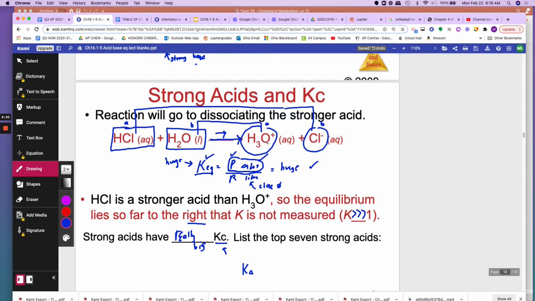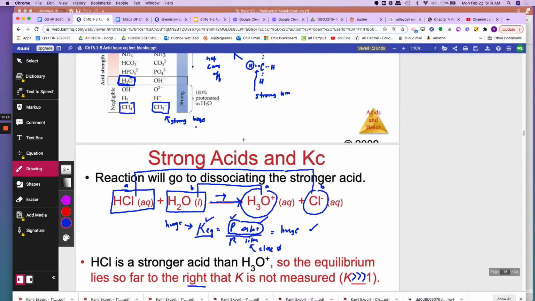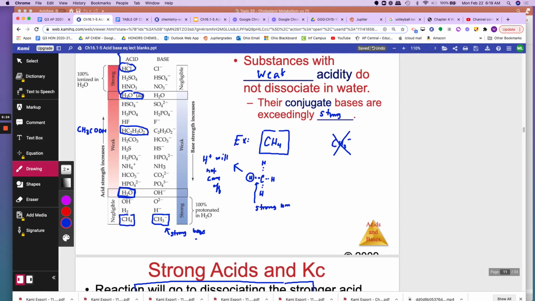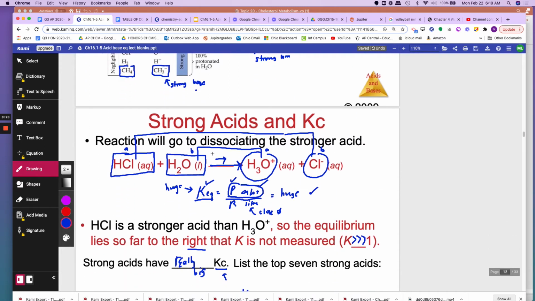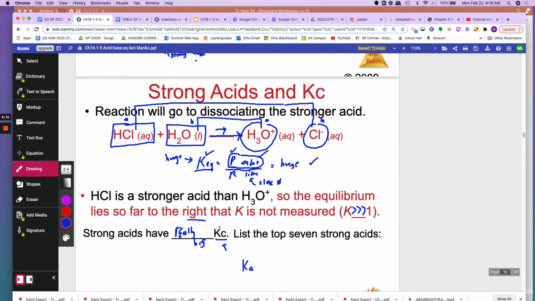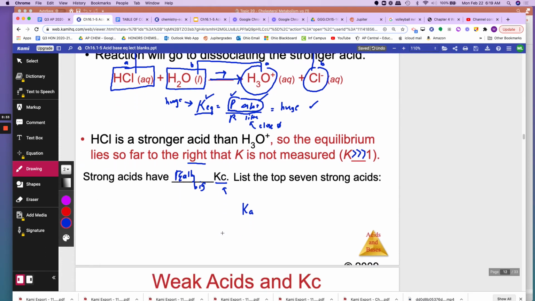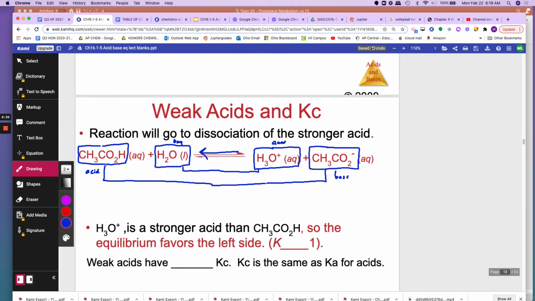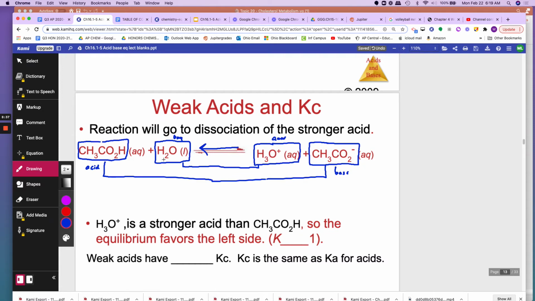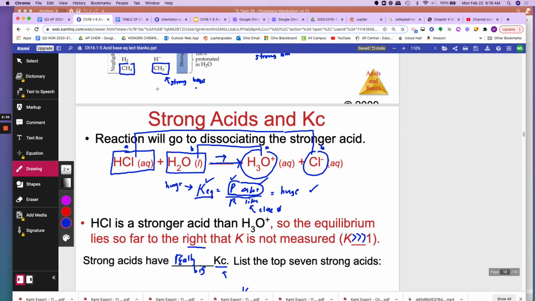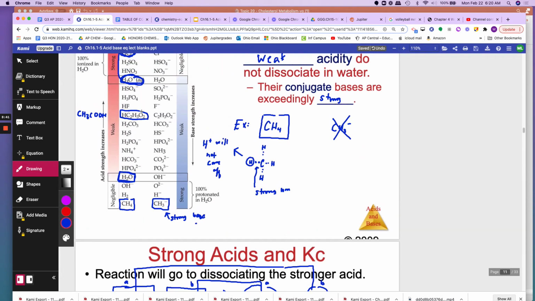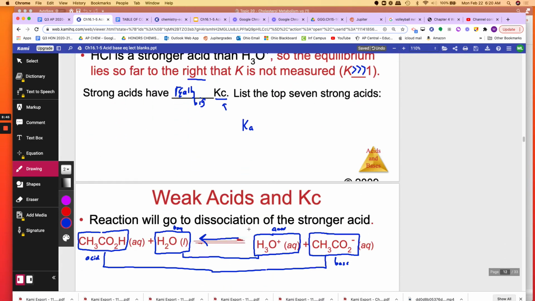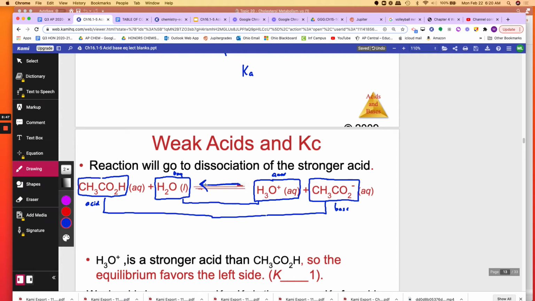Between the HCl and the H3O plus, since HCl here is stronger than H3O plus, it'll go to the right, making the Kc really big. Here you have CH3COOH versus H3O plus. CH3COOH is weaker, H3O plus is stronger, which means this equilibrium will lie to the left.